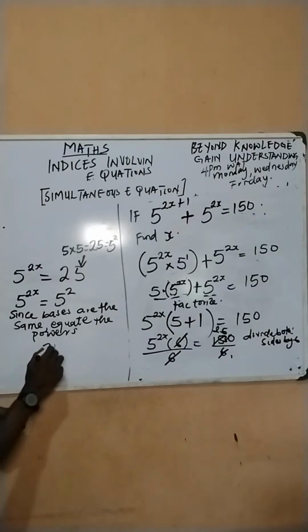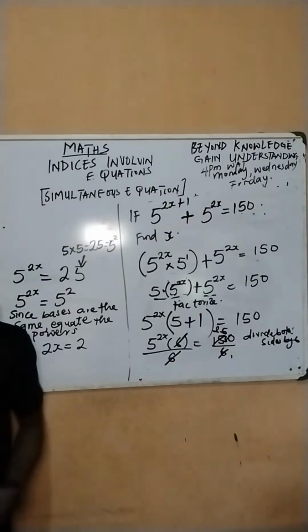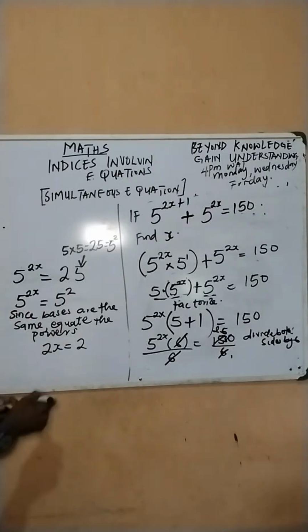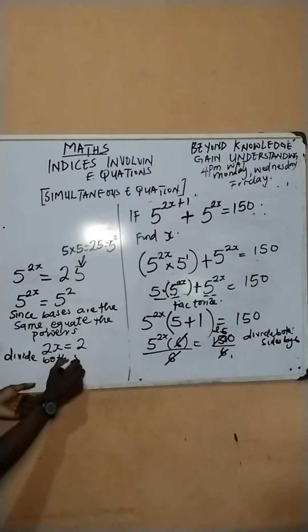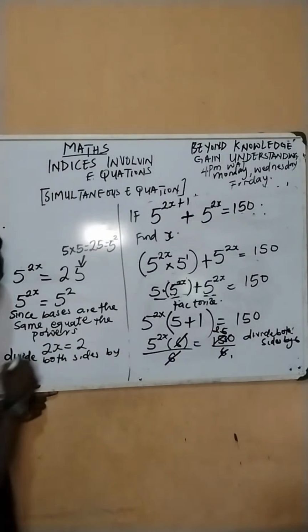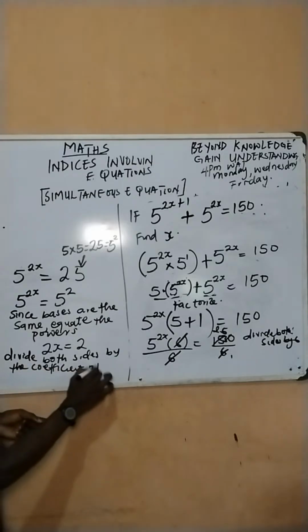How do we do that? It becomes that the power of the left hand side, which is 2x, equals the power of the right hand side, which is 2. And then what we do at this point, we divide both sides by the coefficient of x.